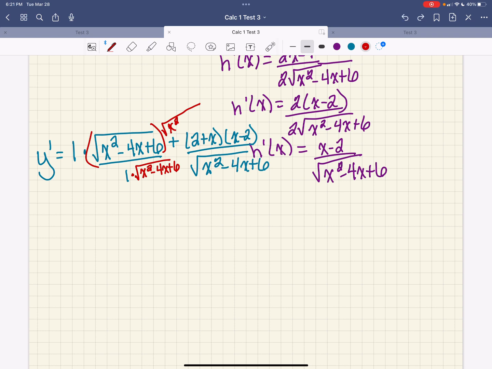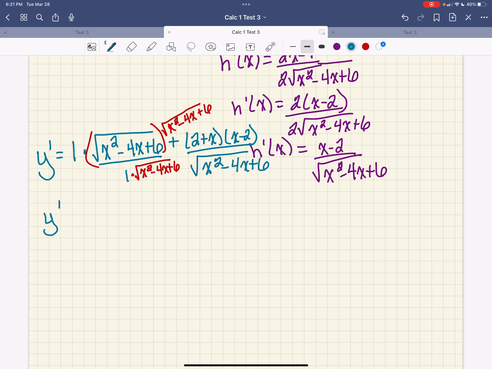When I do, it actually makes my numerator very nice, because this right here multiplied times this is going to get rid of my square root.